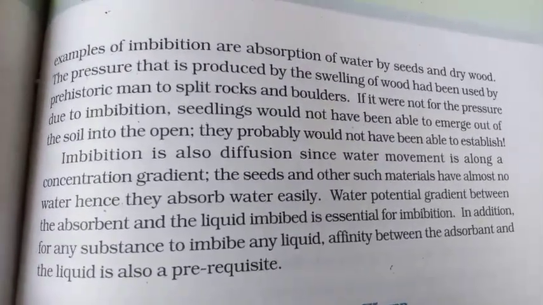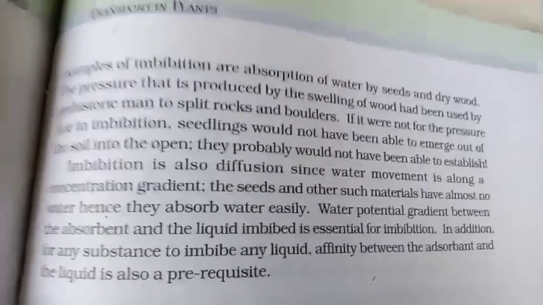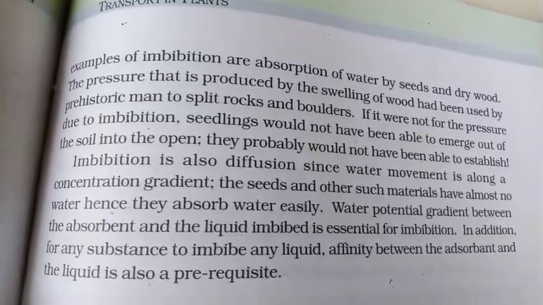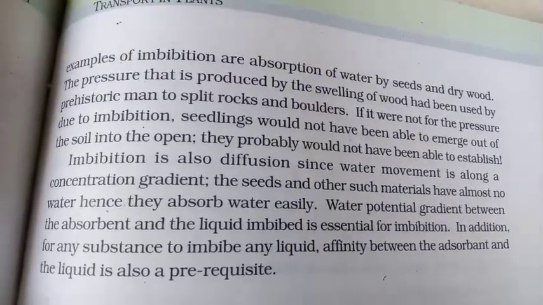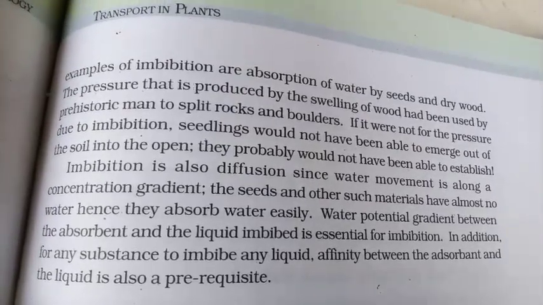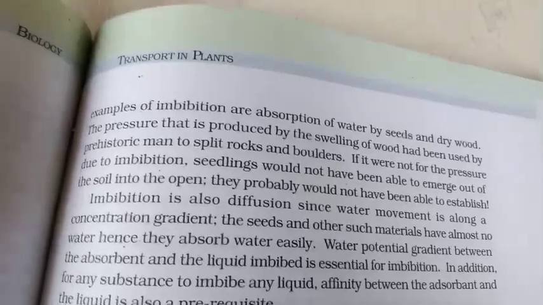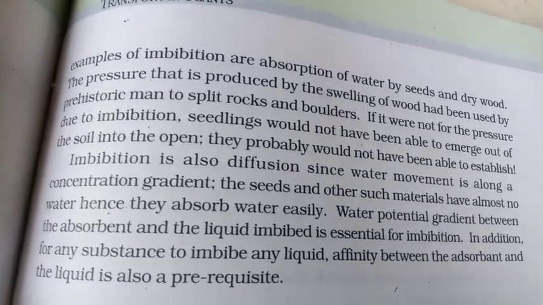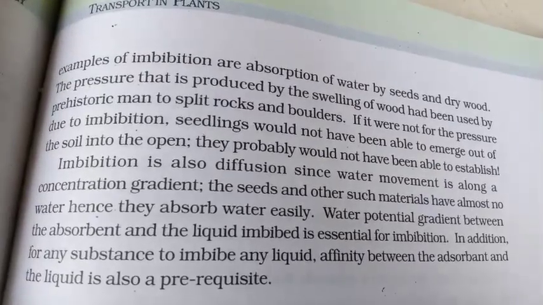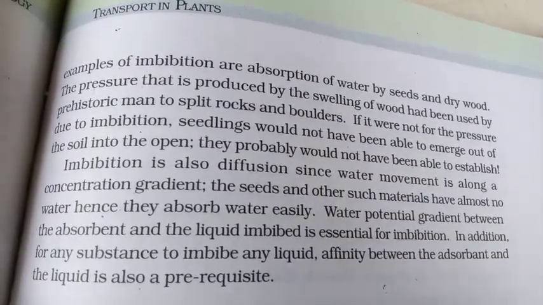The seeds and other such materials have almost no water, hence they absorb water easily. A water potential gradient between the absorbent and the liquid imbibed is essential for imbibition. In addition, for any substance to imbibe any liquid, affinity between the adsorbent and the liquid is also a prerequisite.